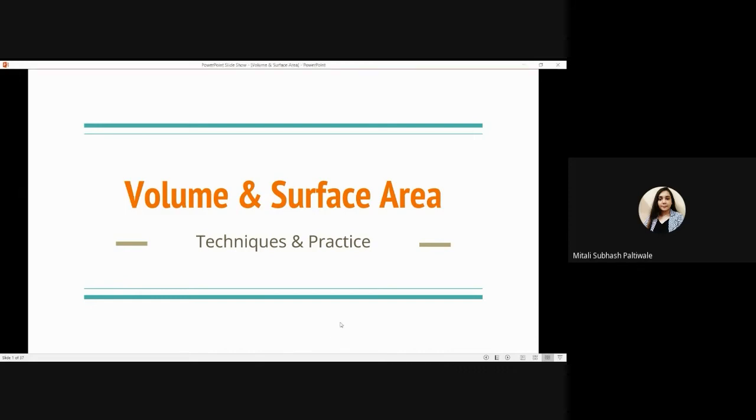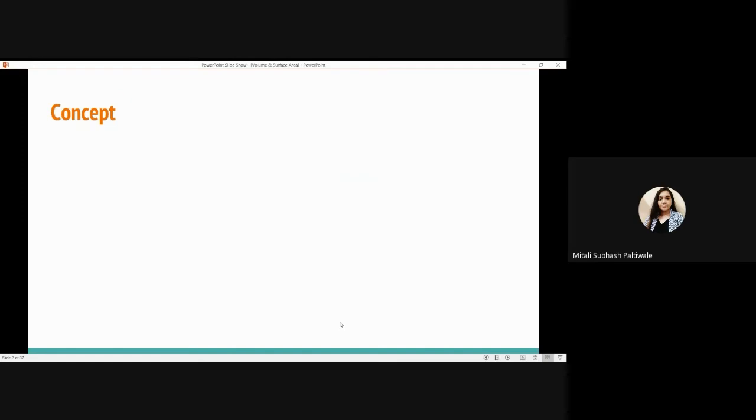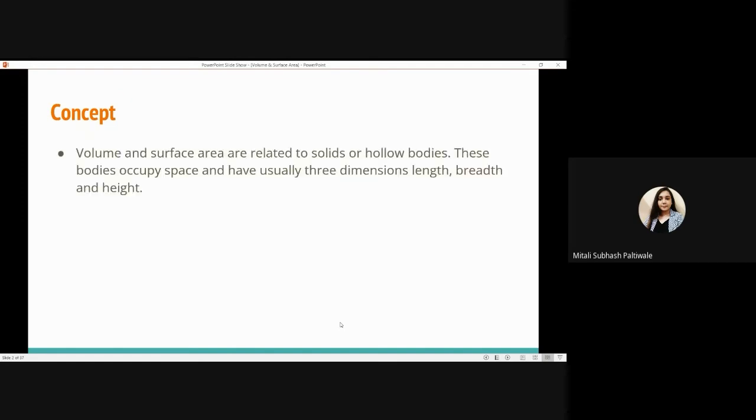Let us move a little more ahead. The basic concept of volume and surface area is related to solid or hollow bodies, and these bodies occupy space, because volume and surface area come with the shape.